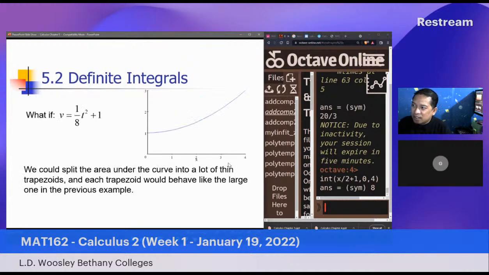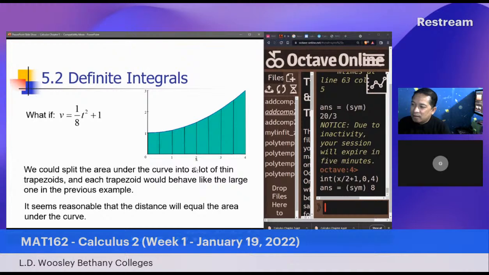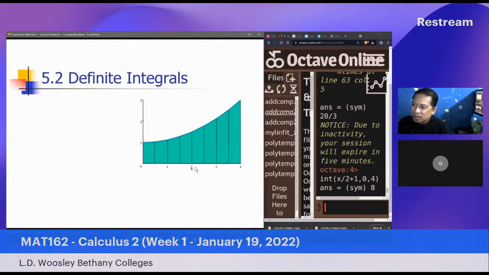So from here, ganun din yung ginawa natin kanina. Na-solve na natin yung area nito. This time, you will be using trapezoidal rule, multiple trapezoids yung ginawa niya. It seems reasonable that the distance is equal to the area of the curve.